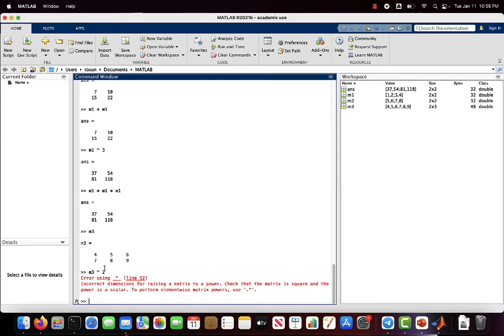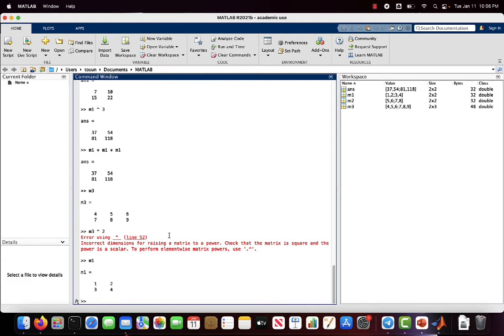Like in exponentiation processes, here we can use scalar values for addition, multiplication, division, subtraction. How? Let's remember m1 again, and let's add m1 and 5.